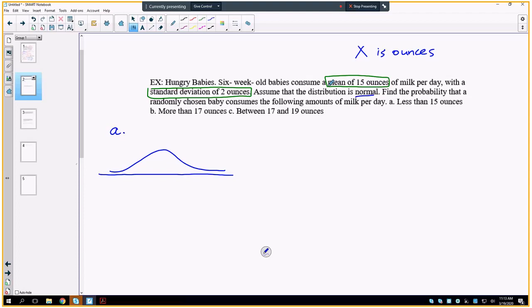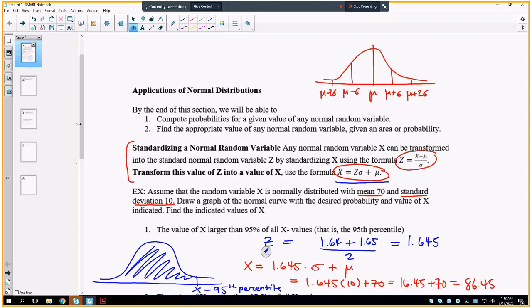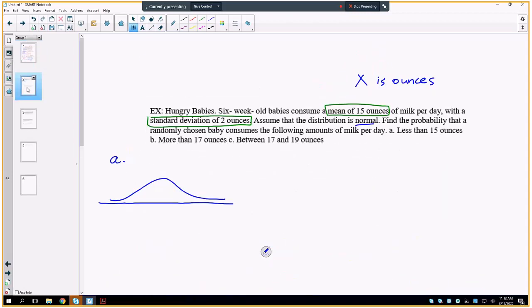So I'm probably going to be using this second formula, z equals x minus mu over sigma. That means if I know an x value, like 15, I can find a corresponding z value.